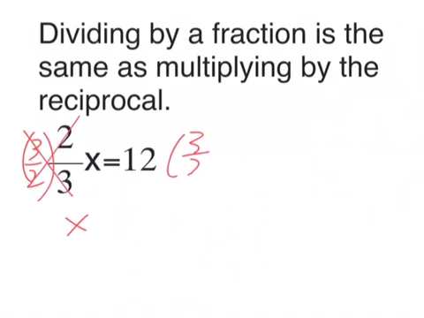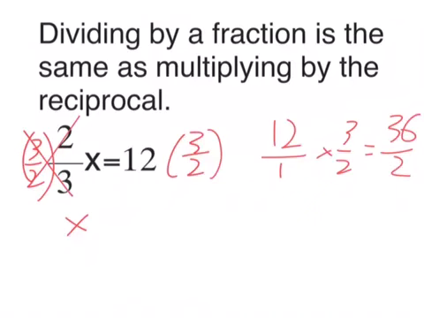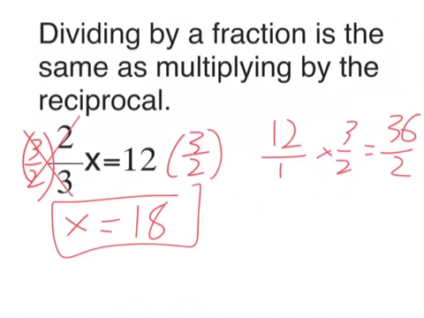And of course, if we multiply this side by 3/2, we have to multiply the other side by 3/2. And like we showed before, 12 over 1 times 3 over 2 gives us 36 over 2, which we can simplify to get 18.